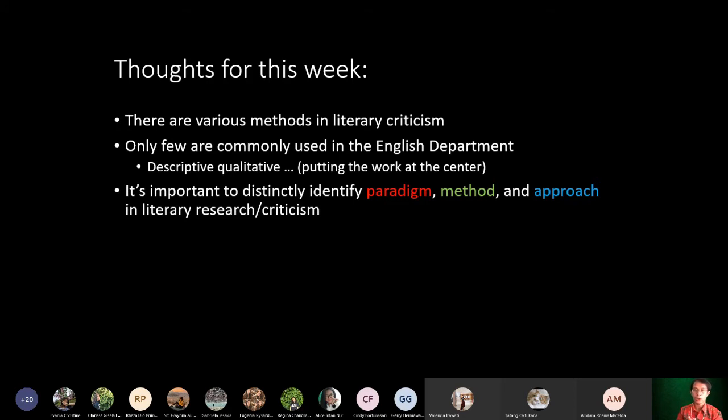And also important for today is that I want you to be able to distinctively identify paradigm, method, and finally approach. As for approach, I don't worry too much because this is basically what you study in Pak Dono's class. You study the various approaches in literary criticism. What we here in this class need to make sure you master is mostly the method.